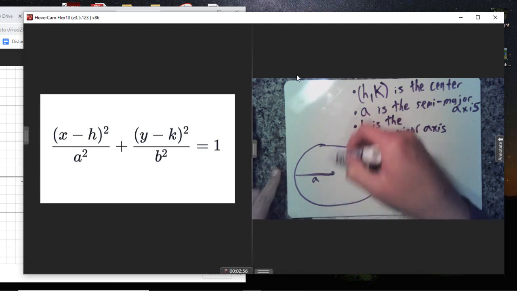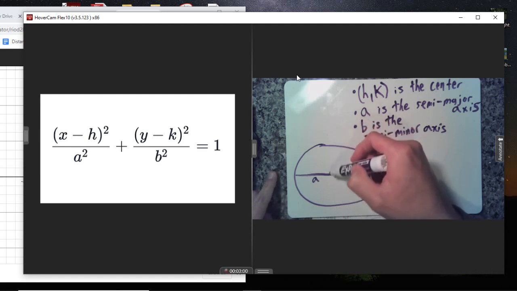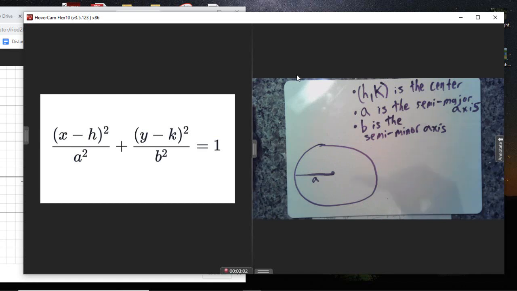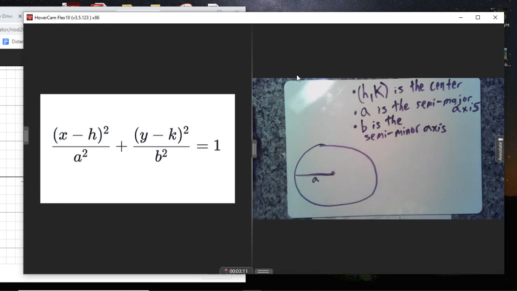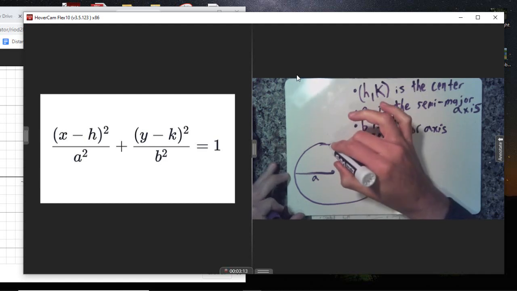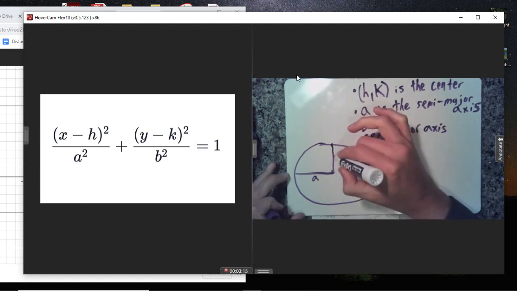But the semi part, again, means it's half of it. So that length right there is my B. Now, the minor axis versus the major axis: major is the longer one, minor is the smaller one. So that's where those two words come from. So anyways, this length is B.